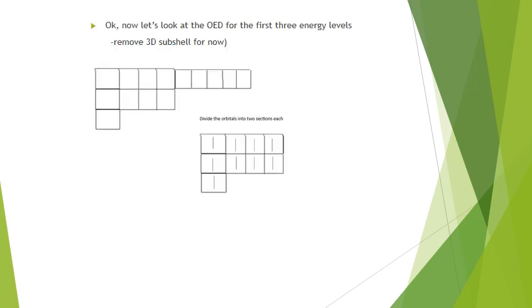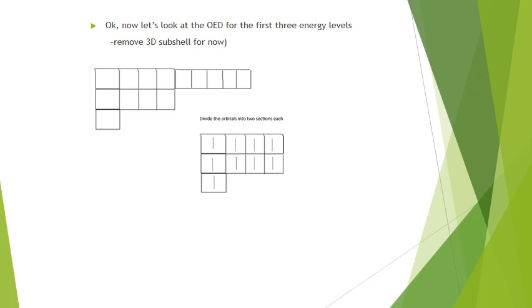Right. Now what we're going to do is a similar thing with the orbital energy diagram. So we're going to take the first 3 energy levels, and then we're going to chop off the d's for now, and just look at this section here, the s's and the p's, energy level 1, 2, and 3. And then we're going to split up each orbital into sides, where on one side you can put up and on the other you can put down.